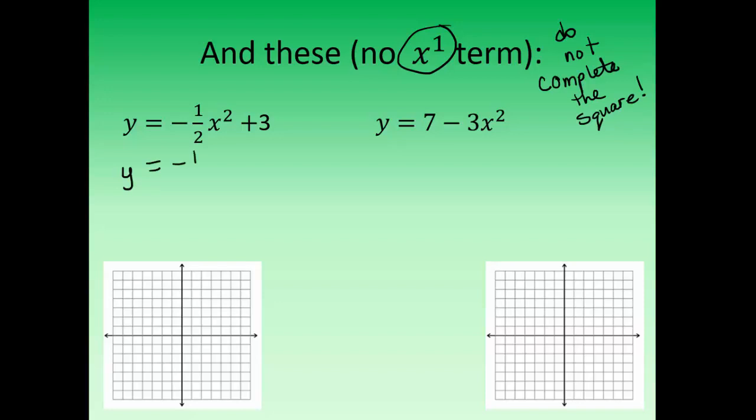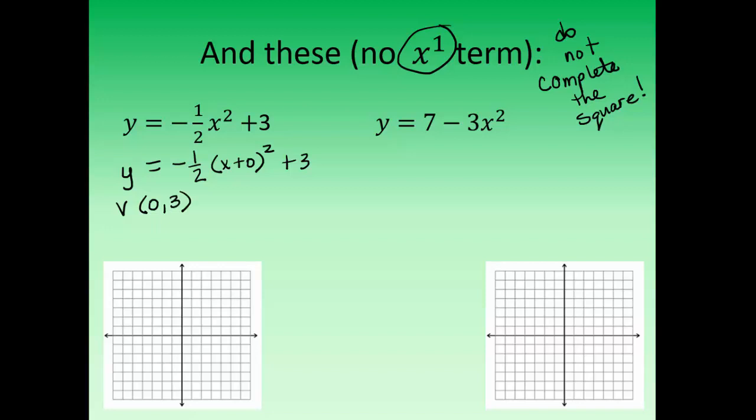We just have to think about what the parts are. So I've got a coefficient of negative 1/2. The x squared is the entire squared term. So it's like x plus 0 squared. And then we have a constant that's just out here. So the vertex is at 0, 3.